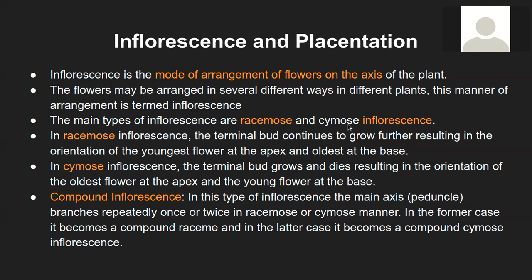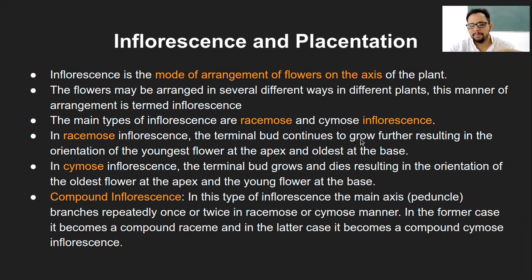We are going to look at two specific types, racemose and cymose, which are the most common types of inflorescence. Racemose refers to a terminal bud that continues to grow further, resulting in the youngest flower at the apex and the oldest at the base. That means as and when the branch grows, you will find older flowers at the base, and younger flowers will keep coming.